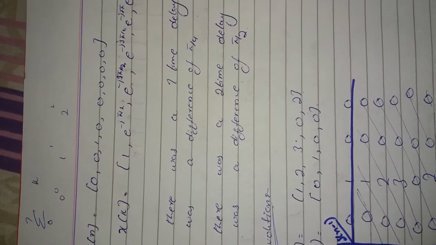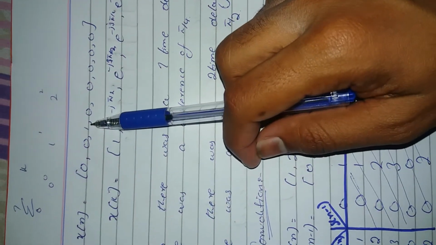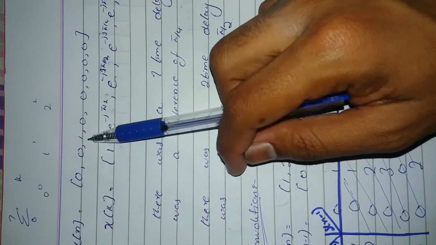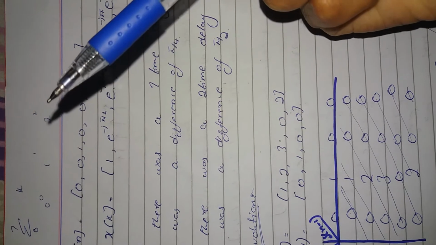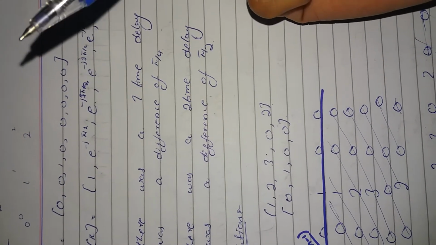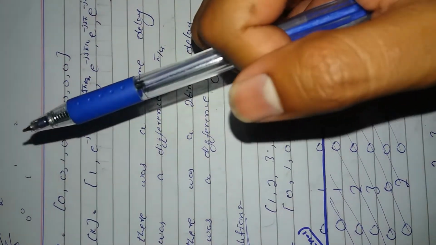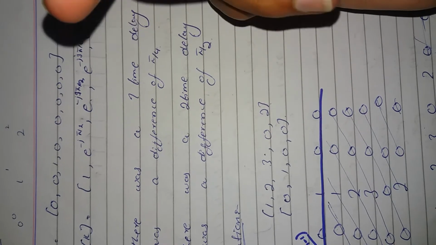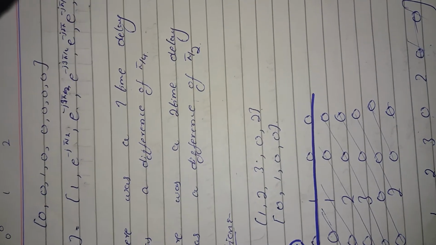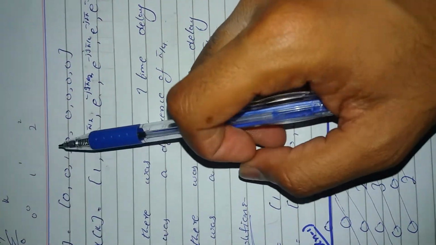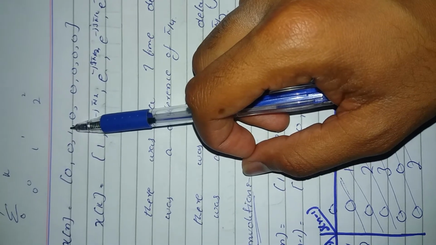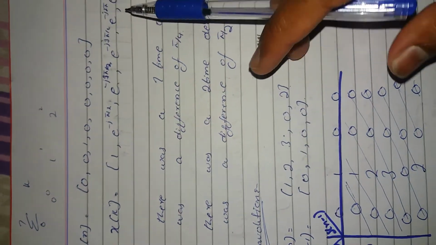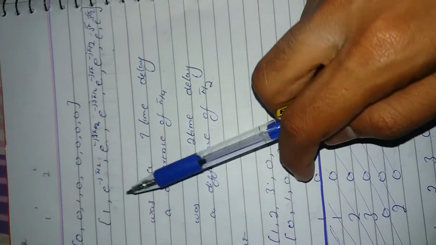And let's suppose we double our delay by 2 times. So first our x of 0 was 1, then we calculated its Fourier transform, and then we delayed our 1 to x of 1, and we saw that there was a difference of pi by 4. Now we're going to delay it by 2 times, that is x of 3 is 1, and then we're going to find the x of k. When we find this we get values like this.